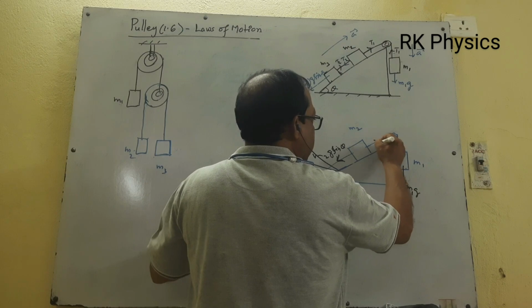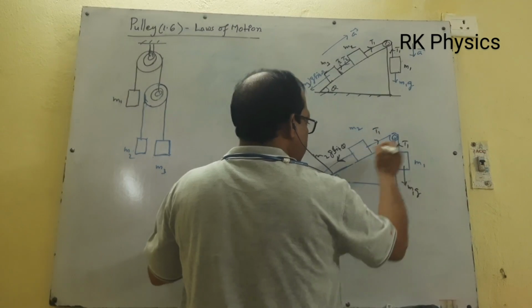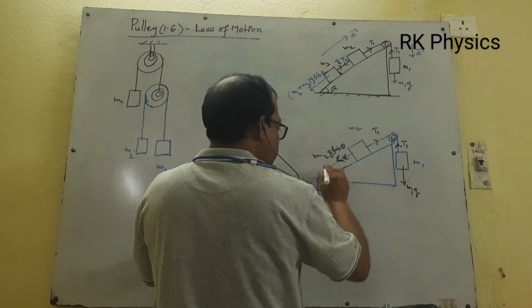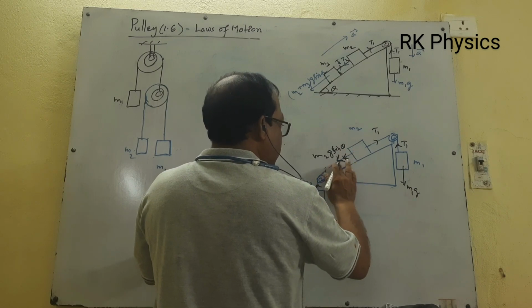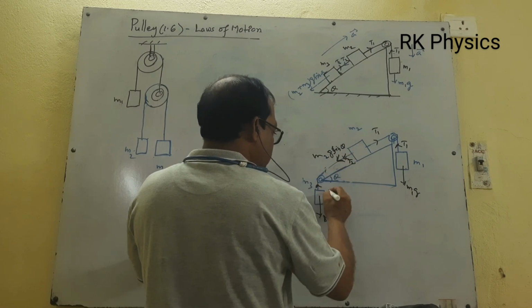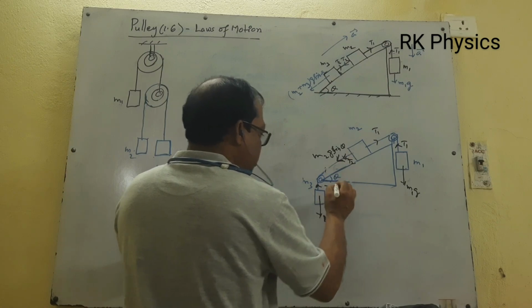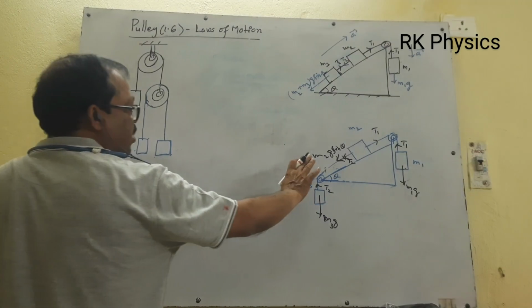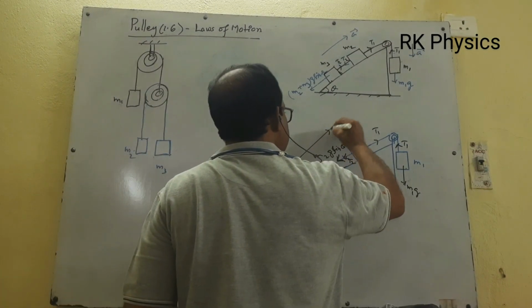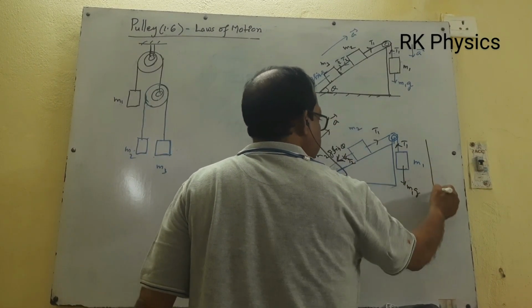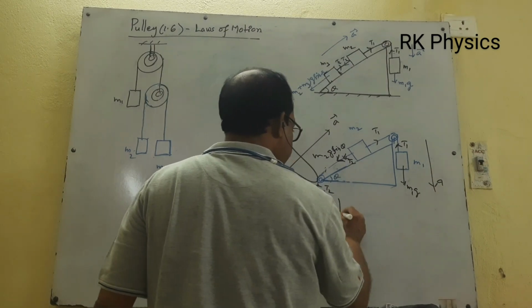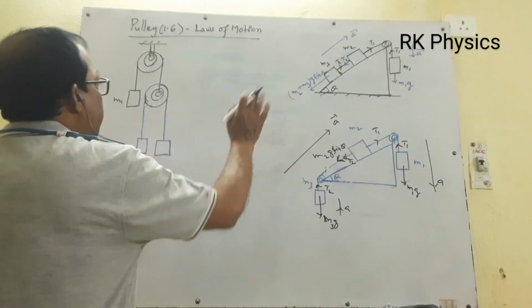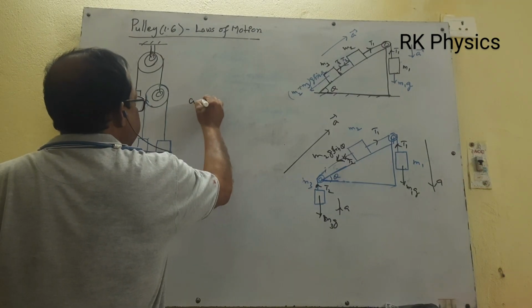Between M1 and M2 is T1, and between M2 and M3 is T2. Exactly the same principle. The system is moving with acceleration A, with M1 moving down and the system moving up. If you imagine this case, first find the acceleration.